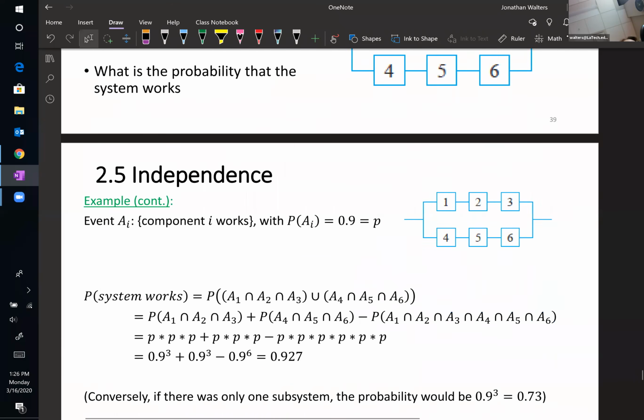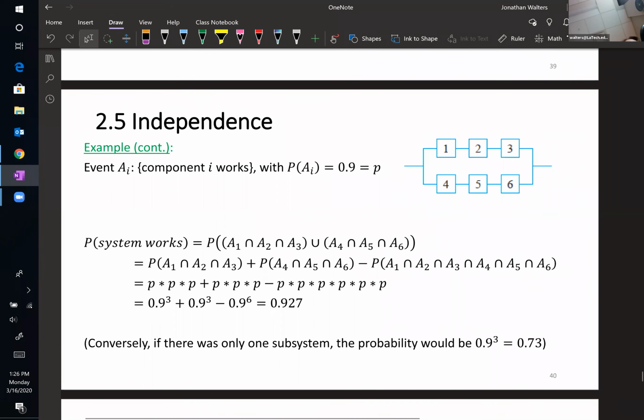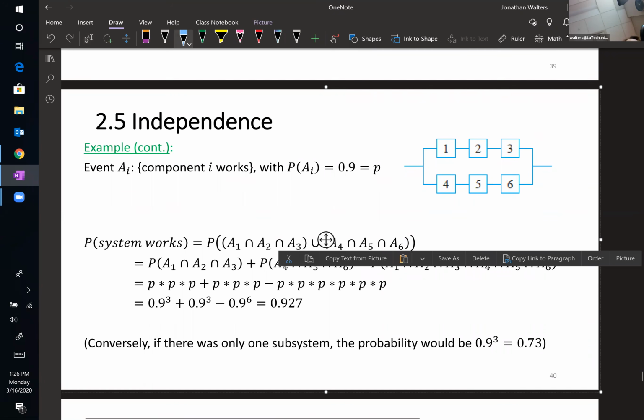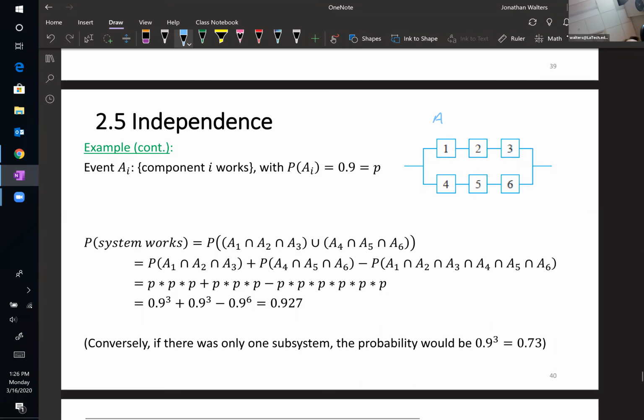The probability that the entire system works is basically 1 union 2 union 3, or sorry, intersect 3, because they have to all be working at the same time. That's basically an and. So A1 intersect A2 intersect A3, versus the probability of A4 intersect A5 intersect A6.